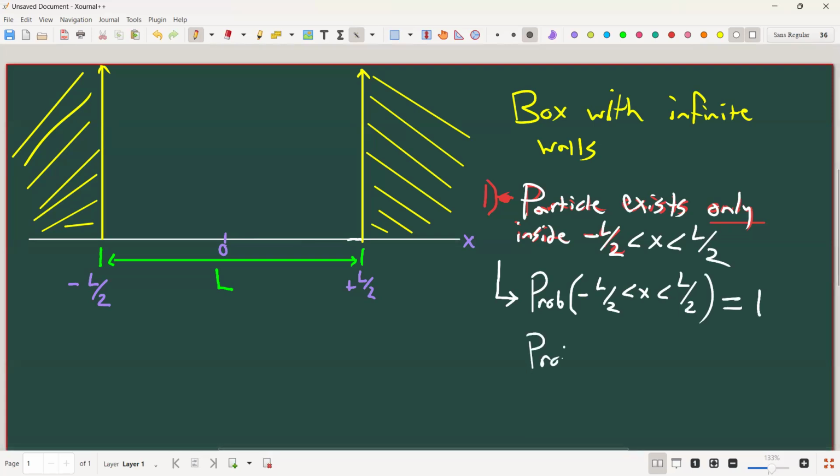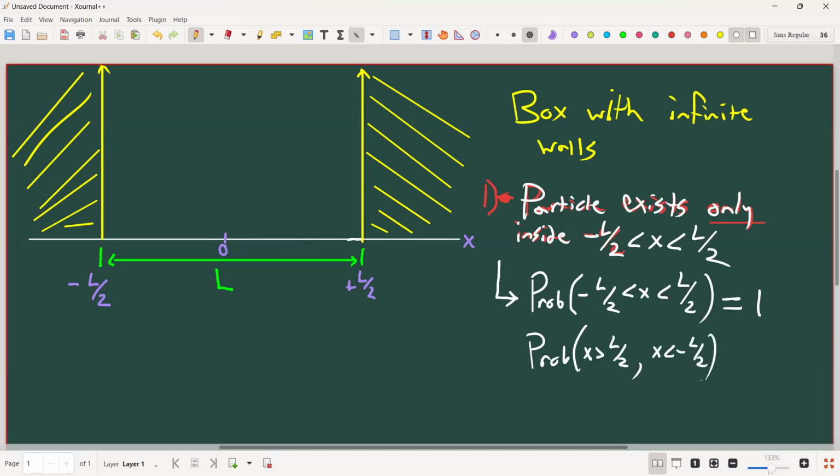And the probability that this is not true, so x is greater than L over 2 or x is less than minus L over 2, either one is 0. So the total probability of the system is 1 integrated over the entire box, and it's 0 on the outsides. So no possibility we'll find it outside of the box.